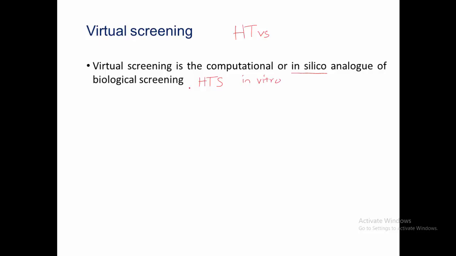High throughput screening is an in vitro process, using real molecules against a real enzyme in order to determine the affinity or the efficacy of those compounds, or the activity of those compounds when they interact with the enzyme, enzymatic target or protein. Virtual screening is the same, but it is run on a computer.